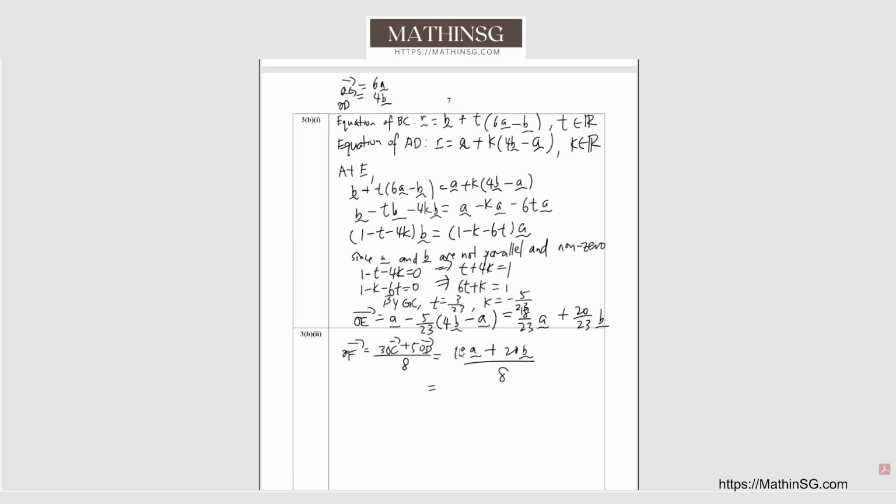Let's simplify it. So 18 over 8 is 9 over 4, then 20 over 8 is 5 over 2 as the simplest form. So this is OF.